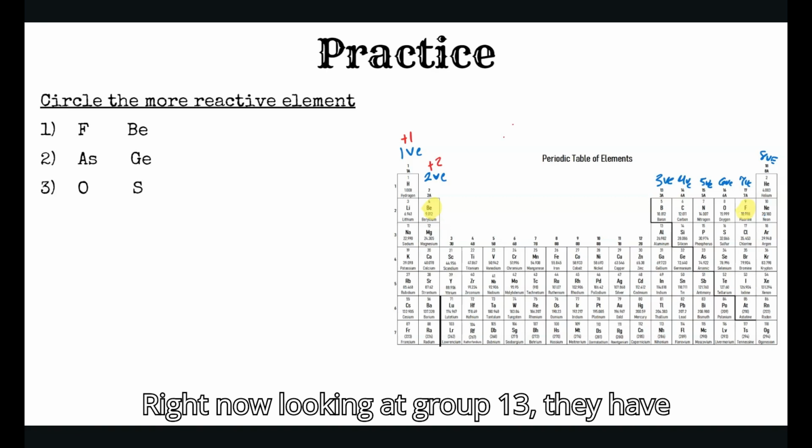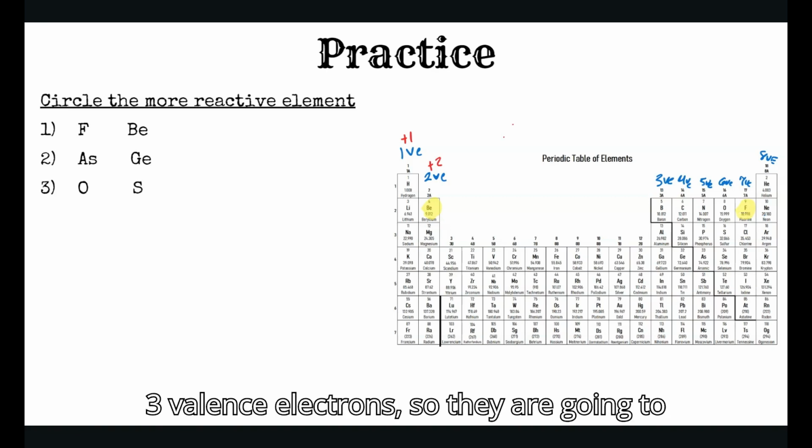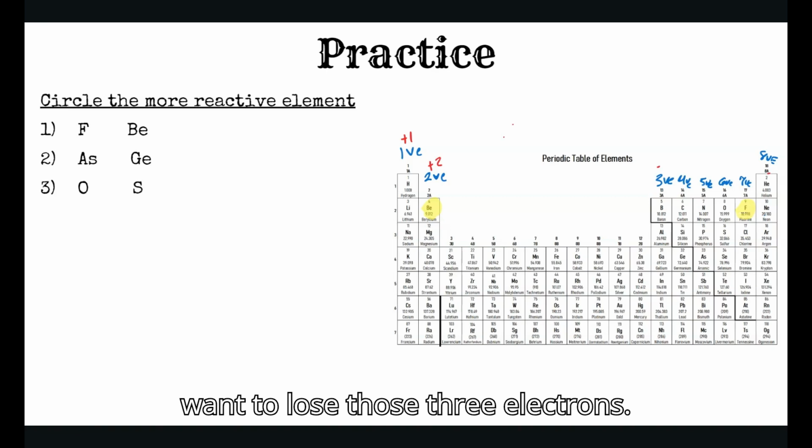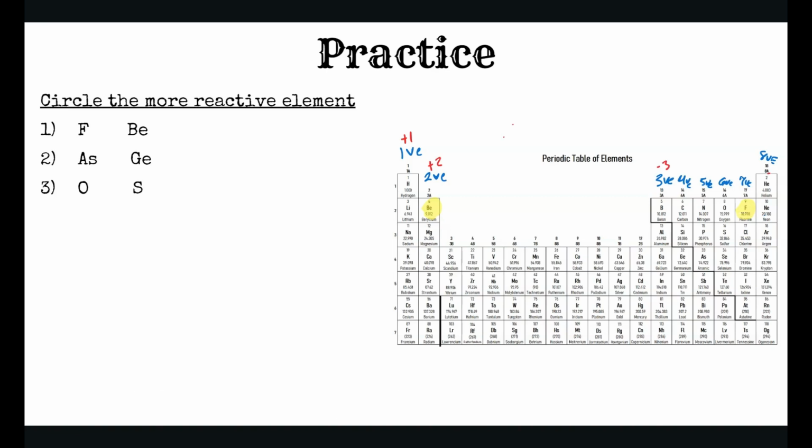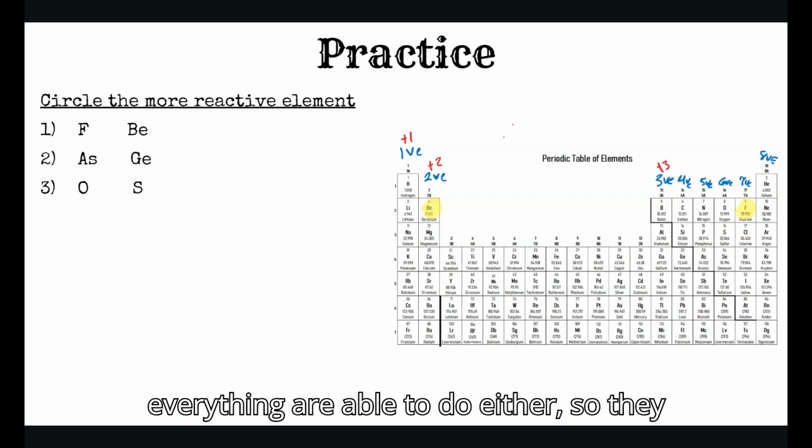Now, looking at group 13, they have three valence electrons. So they are going to want to lose those three electrons. Whenever we lose that negativity, though, we become more positive. That will be our plus three charge. Now, looking at group 14 or group 4, these are able to do either.